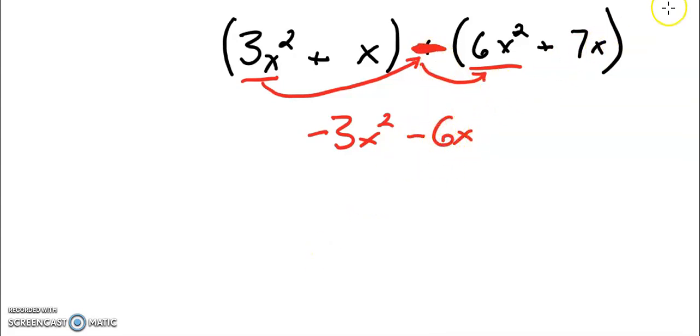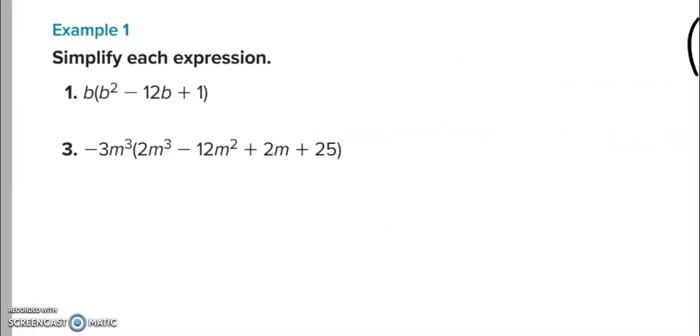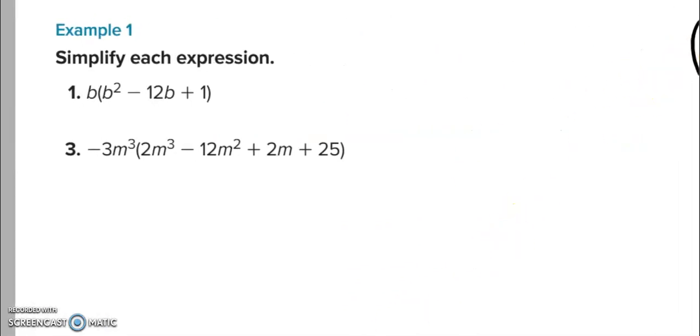So that's addition. Well, what we're looking at today is multiplication. So when we multiply polynomials, today we're only really looking at polynomials multiplied by monomials. So this b out here, well, it's just the term, it is a monomial.